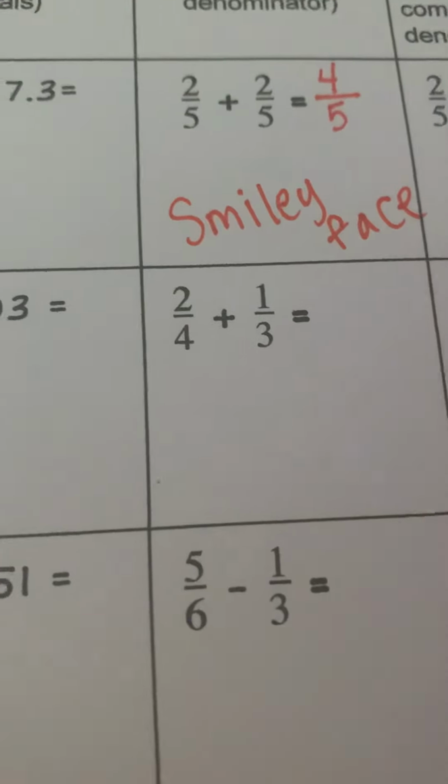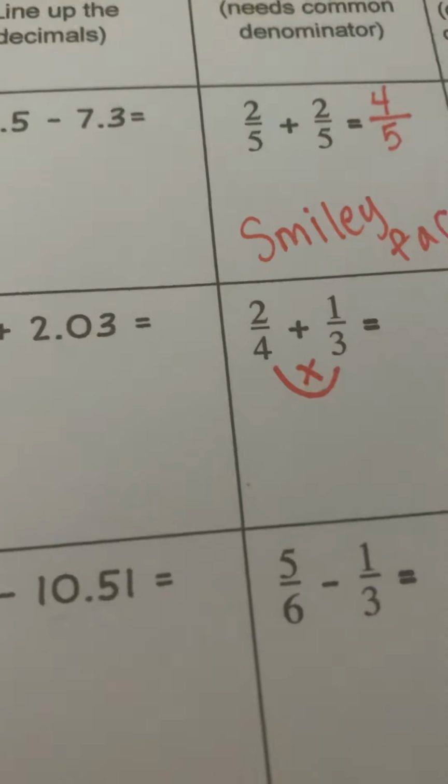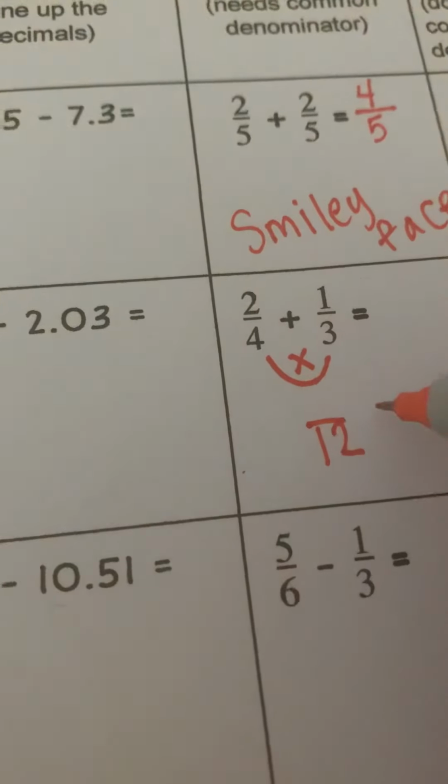Okay, so our smiley face method, what we're going to do is multiply the two bottom numbers together. So this becomes our new denominator.